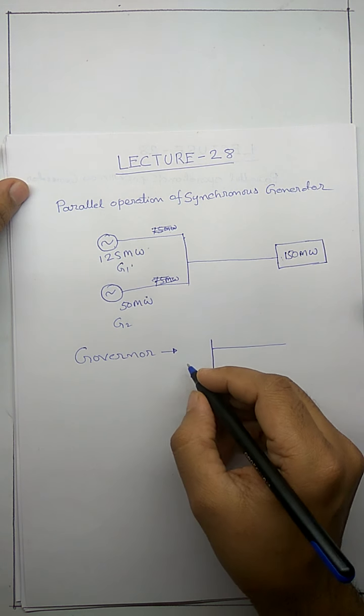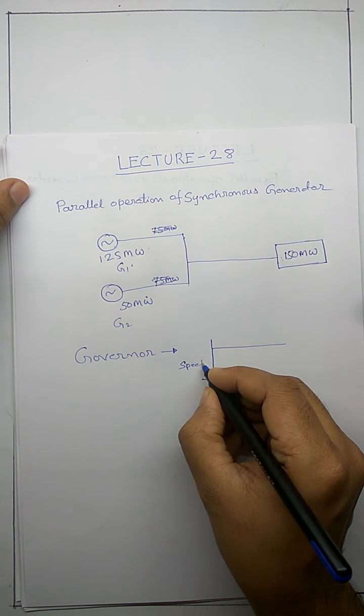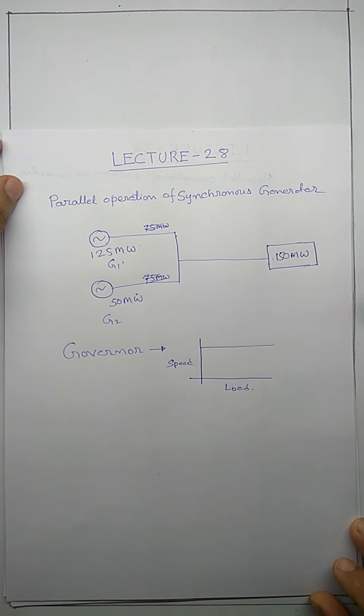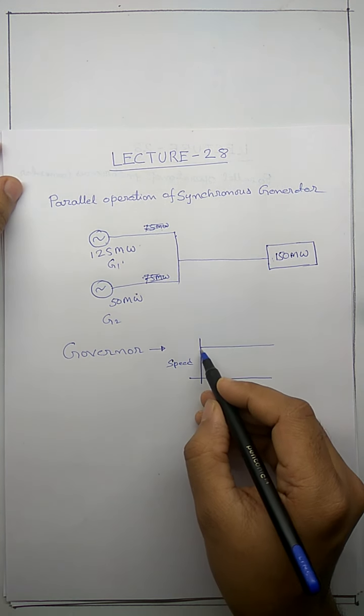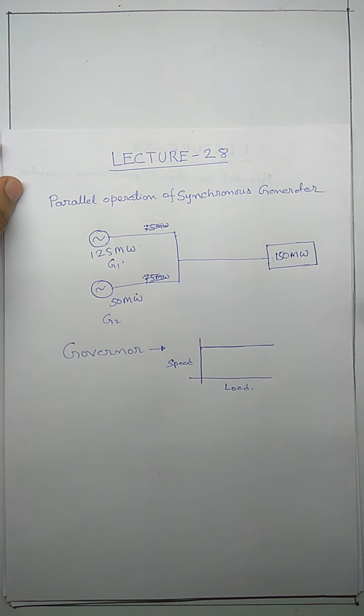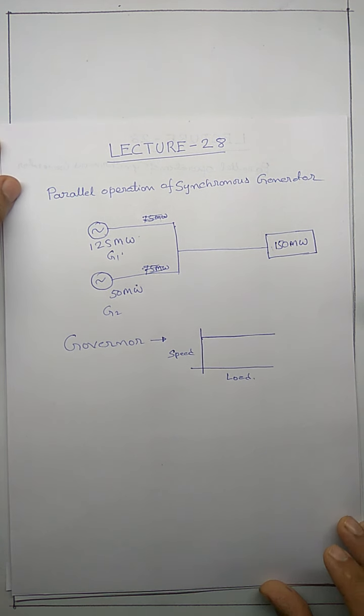That is, on this axis if you put speed and on this if you put load, you can design a turbine which can have a speed characteristic like this. That is, whatever load you put, the speed will remain constant. This is one type of governor.